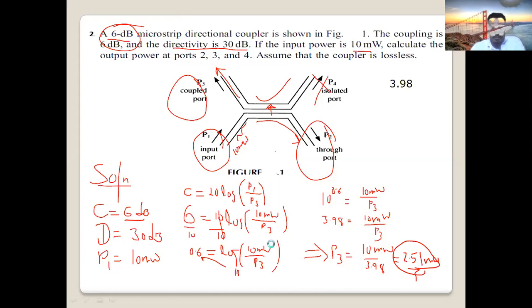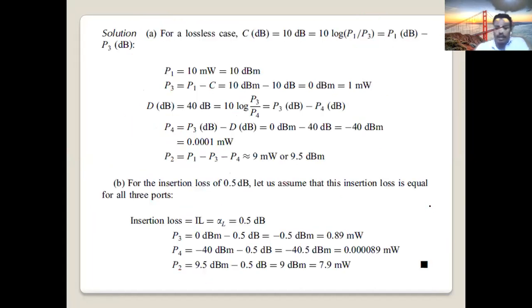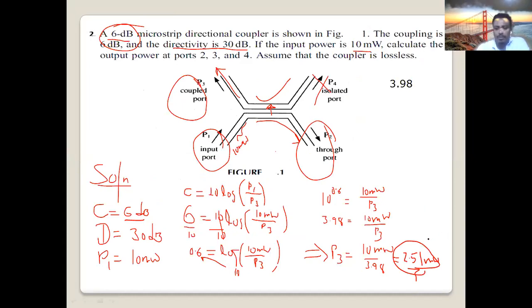So in example 1, this directional coupler, a 10 dB coupler, from 10 milliwatt input power, how much sample do we take? 1 milliwatt here. Now, if you use another coupler, a 6 dB coupler, we increase the amount of power sampled from 1 to 2.51 milliwatt.